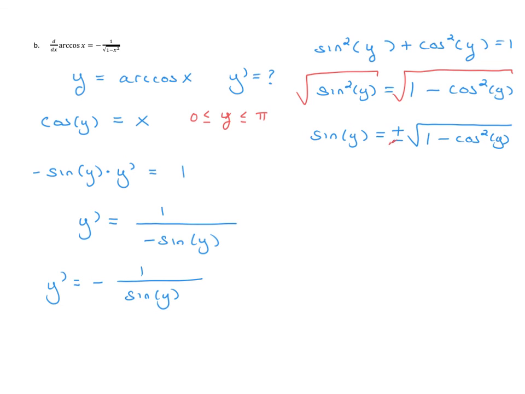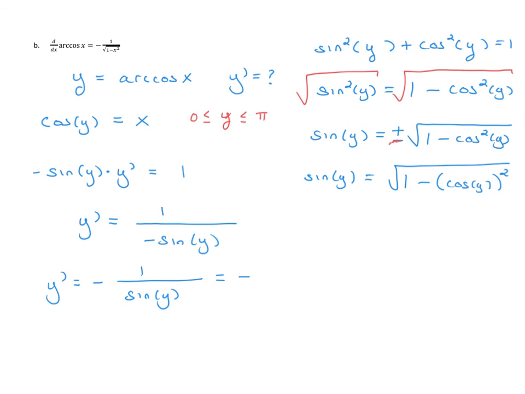I can just get rid of that negative altogether, because the angles are between 0 and pi, and that's where sine is always positive. So sine of y is the square root of 1 minus cosine y squared, like this.